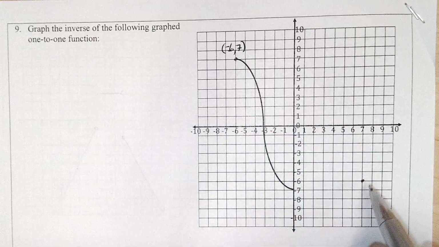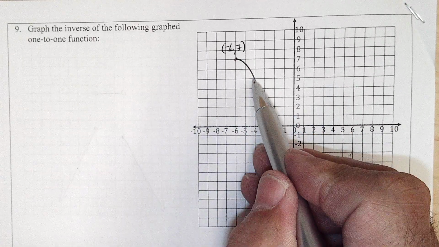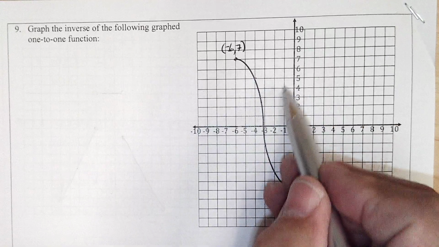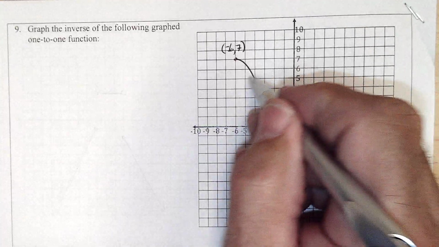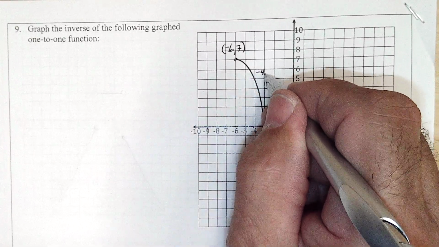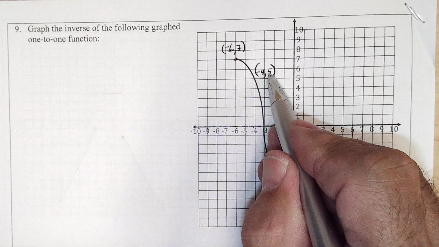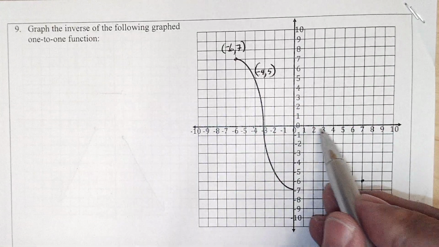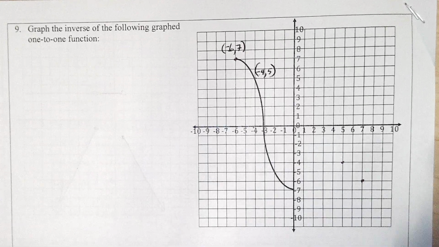This point gets put there in its inverse. This looks like another nice point. That looks like -4, 5. So on the inverse, it would be 5, -4.